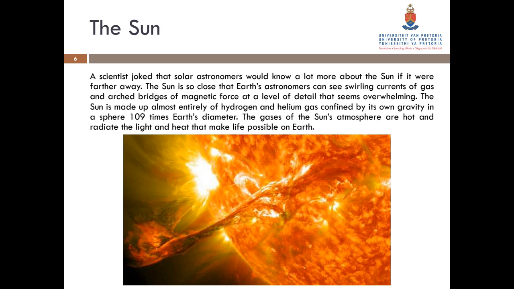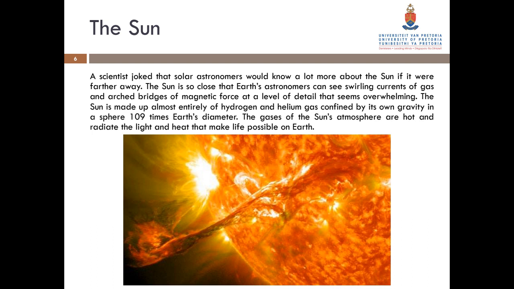So scientists joked that solar astronomers would know a lot more about the sun if it were further away. The sun is so close that Earth's atmosphere can see swirling currents of gas and arch bridges of magnetic force at a level of detail that seems overwhelming. The sun is made up almost entirely of hydrogen and helium gas, confined by its own gravity in a sphere 109 times Earth's diameter.